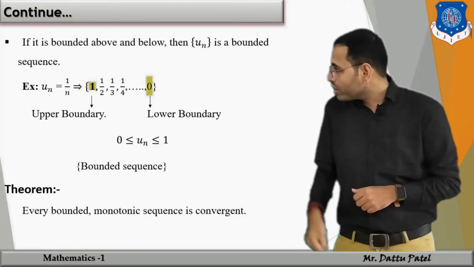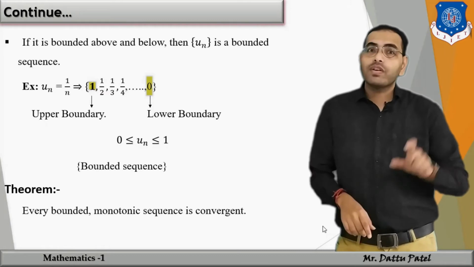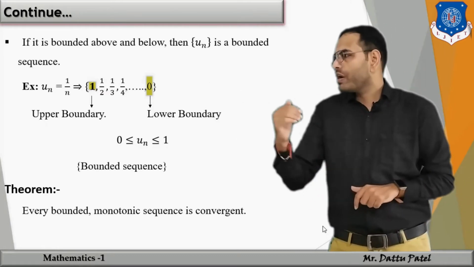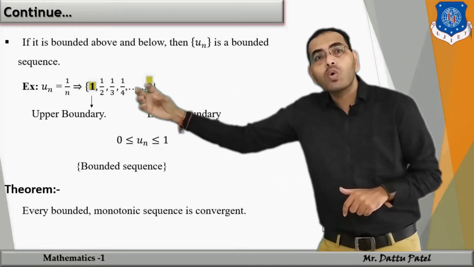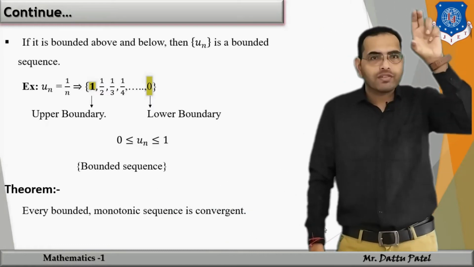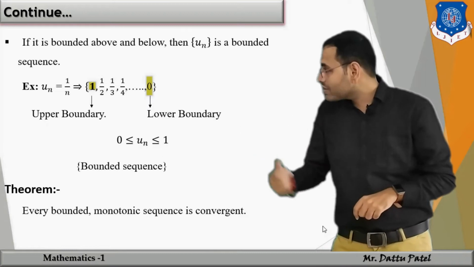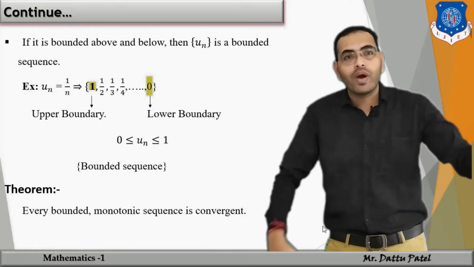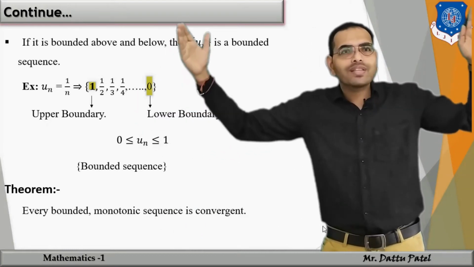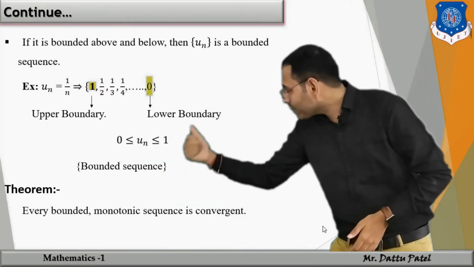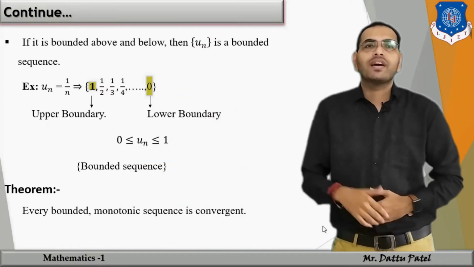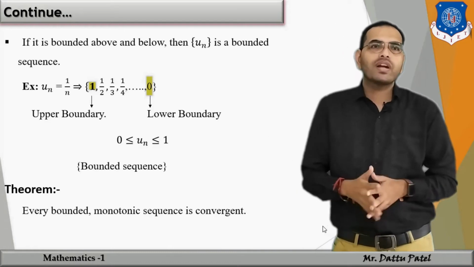So this sequence lies between 1 and 0: 1, 1 by 2, 1 by 3, 1 by 4 up to 0. The upper boundary is 1 and the lower boundary is 0. Our sequence lies between 0 and 1, meaning both the boundaries are fixed. That means we can say that our sequence is a bounded sequence.